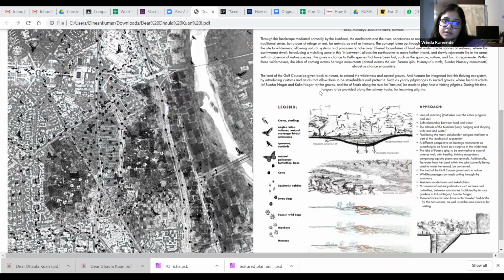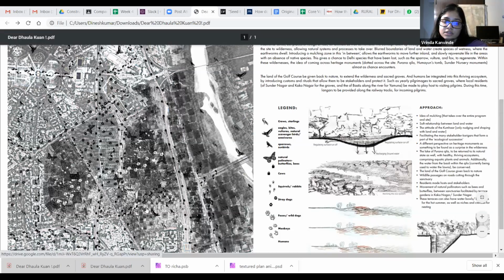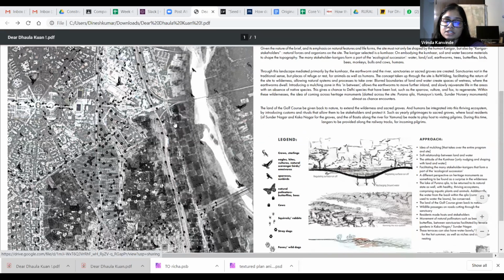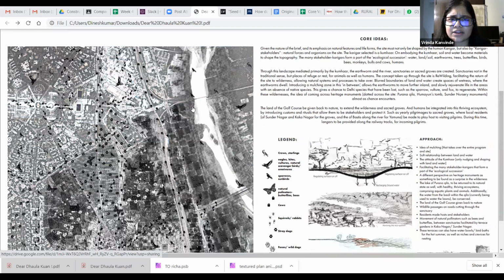So they'll either be in Kakanagar and Sundarnagar or along the river banks just under the power plant. Where are they on your plan? Sandhya, can I annotate? Yeah. So that's Kakanagar.